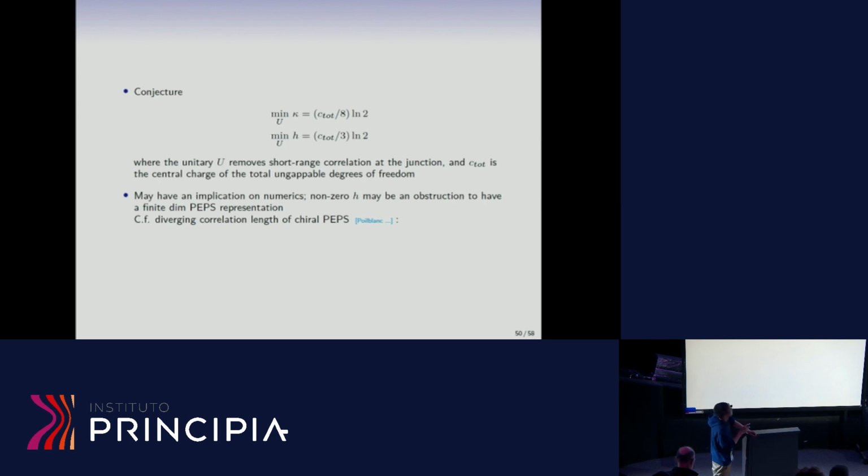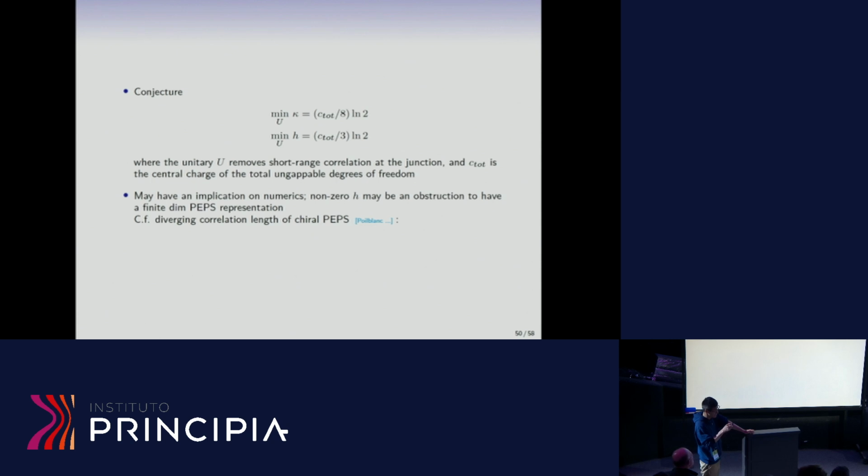So let me focus on this quantity h. The conjecture is that C over 3 log 2 is a universal bound. So h should always be bigger than C over 3 log 2. So that is a conjecture.